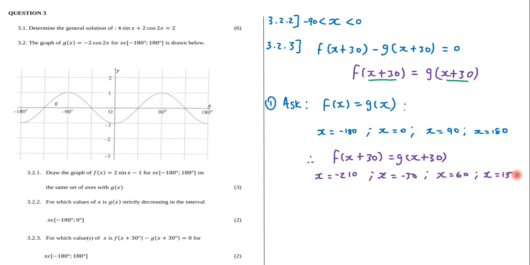But then remember, the question said that we need to only take the x values that are in between minus 180 and 0. And minus 210 is not in between minus 180 and 0. So therefore our final answer will be minus 30 and 60 and 150, and that is how we basically answer this question.